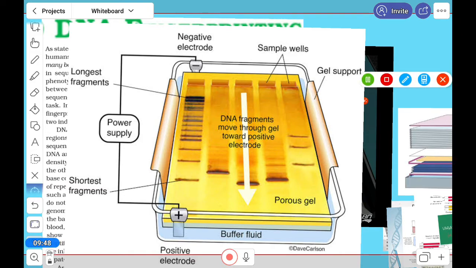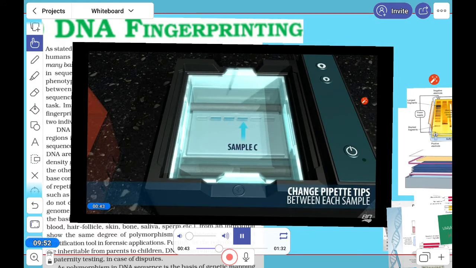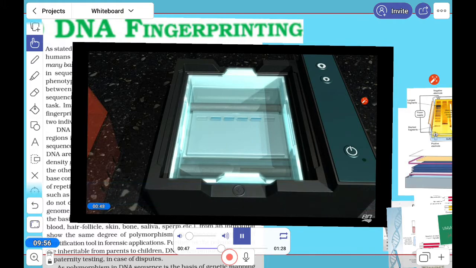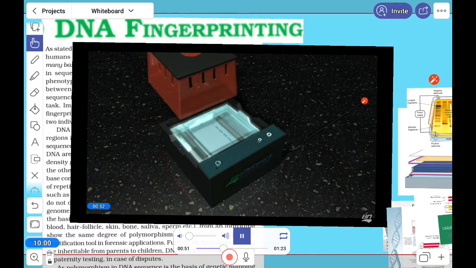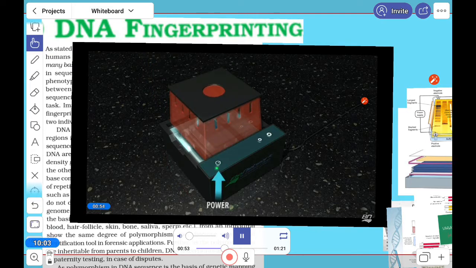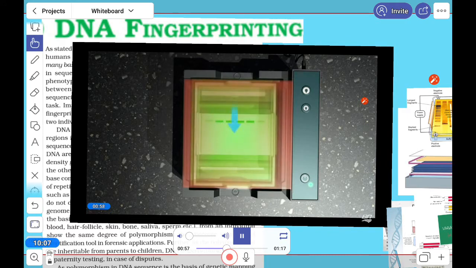See that. Look at here, different samples are placed in the electrophoresis. After that it is covered and the power is given.